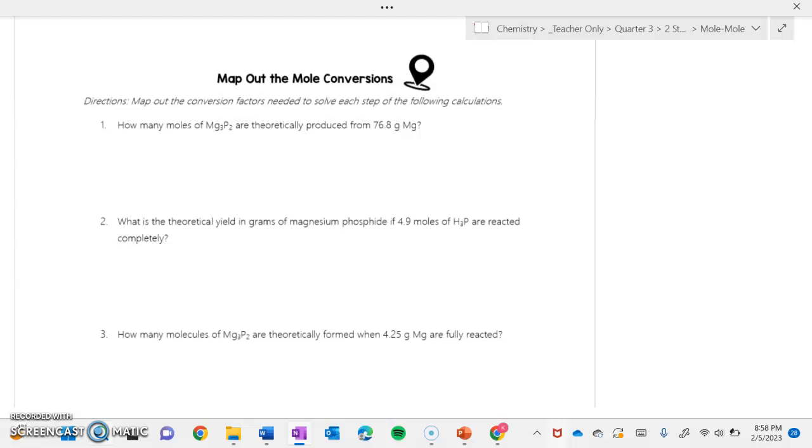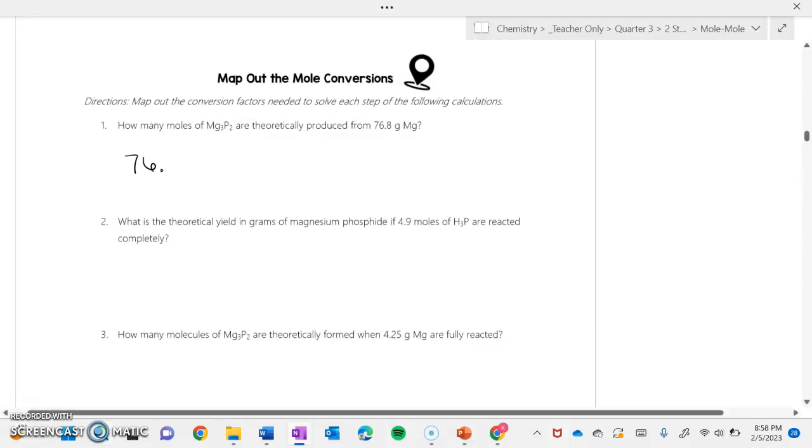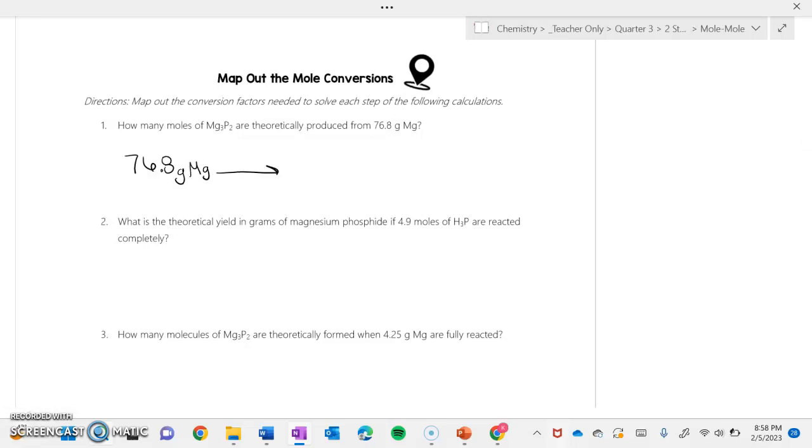So for number 1, and for all of these, start with your given, and then draw an arrow. And I want you to write above the arrow which conversion factor you would use. Since grams are involved here, this would be molar mass of magnesium, since that's the compound we are working with.